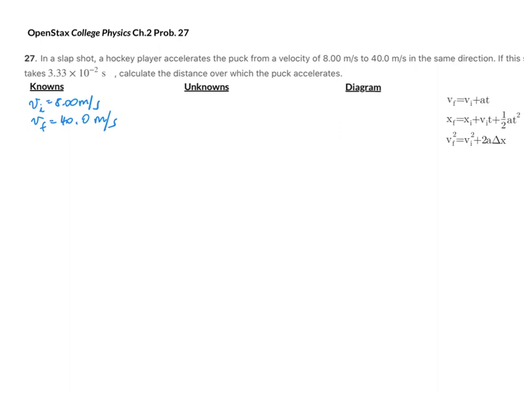In the same direction. So I'm going to already draw the diagram. Here is the puck, and this is the initial velocity. Later on, the puck has a larger velocity, so this is V final. That means the puck was being accelerated, so this is the acceleration of the puck, so that the initial velocity is less than the final velocity.